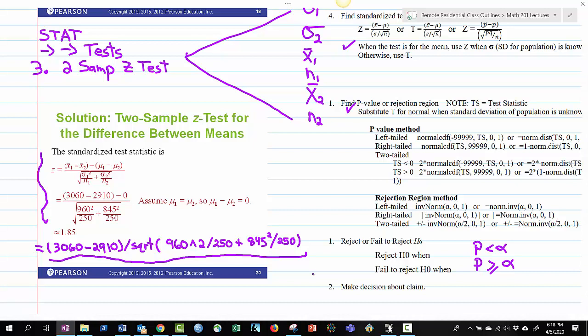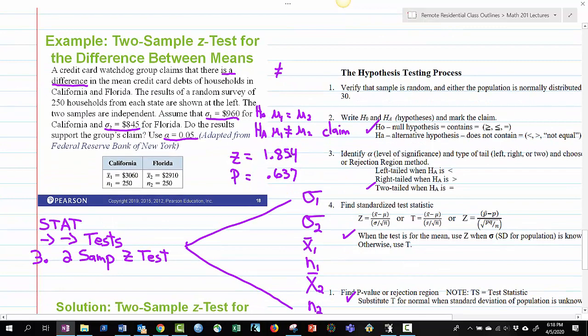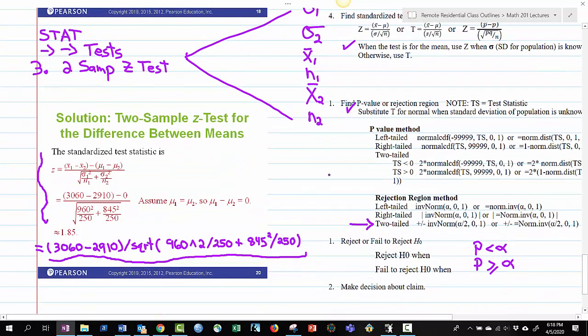Now, if we want to do the rejection region, remember it's two-tailed. We've got our test statistic is positive, right? Z equals 1.854. Actually, that doesn't really matter for this. So we've got two-tailed. That means we're going to want plus and minus. So we'll do inverse norm.